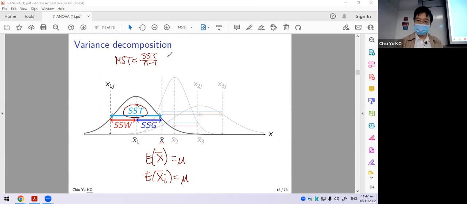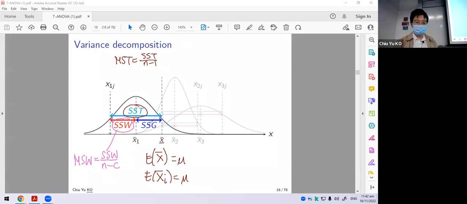And you can also do this one, the MSW, which is the SSW over n minus C, sorry, n minus C. And this is also a measure of variance, right?